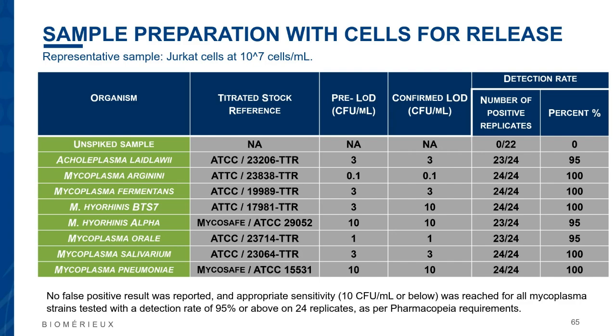When you look at the data, we used URCAT cells at 10^7 cells per ml in all these experiments. That is pretty much in the range of the cell concentration of the CAR T-cell products. As you can see, the different microorganisms that were spiked are on the left-hand side of the slide, the stock reference, some of the data of the pre-LOD studies that we performed, and then we spiked to confirm the LOD we got for the different microorganisms, and the number of replicates gives us the detection rate.